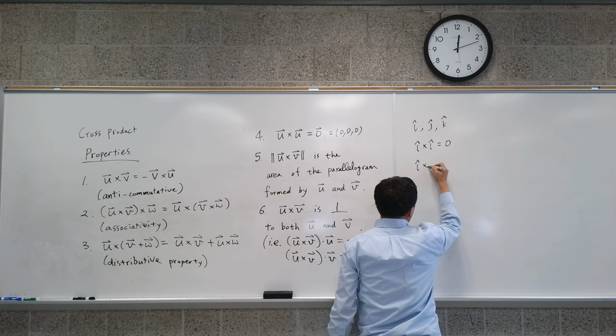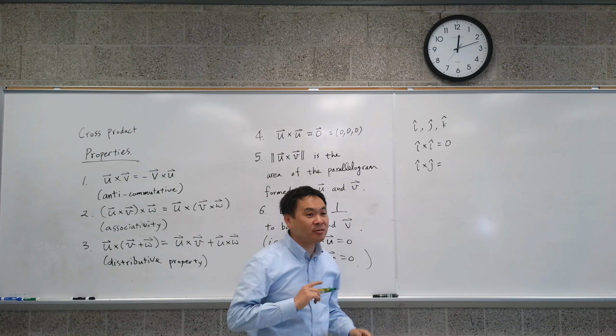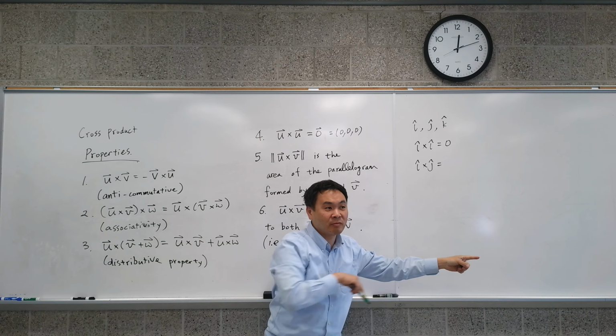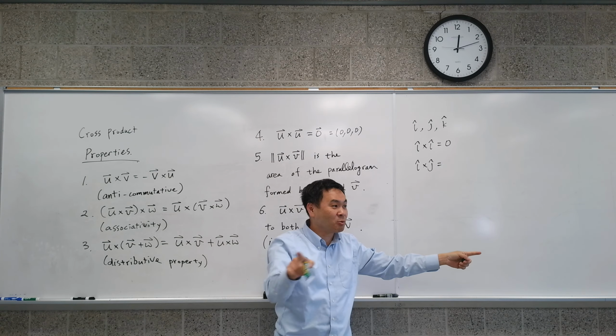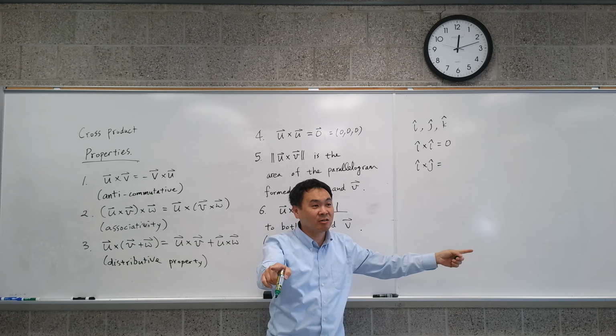What's I cross J? Okay, so I is this way, J is that way. What's the area of the parallelogram? Well, in this case, it will be just a square, right? With this length 1, this length 1. What's the area? 1, right? Where's the direction?